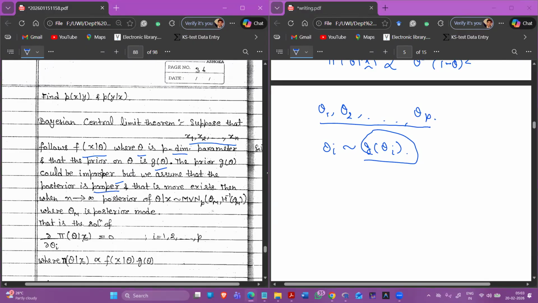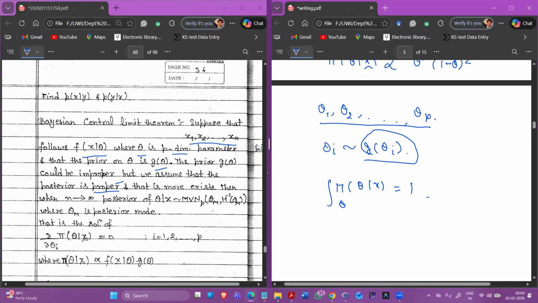Whether you have an improper or proper prior, whatever the type of prior, the posterior is proper: if you integrate the posterior of theta given x over the range of theta, it should be 1.